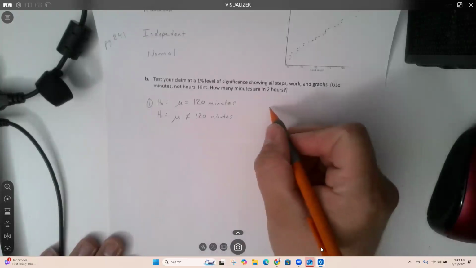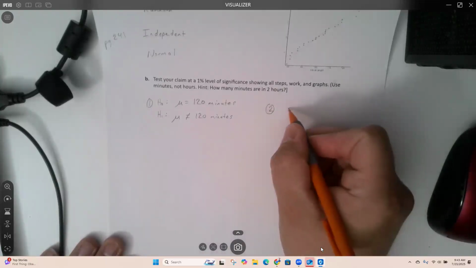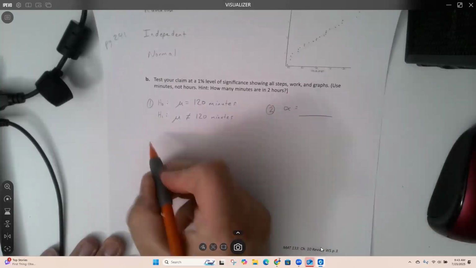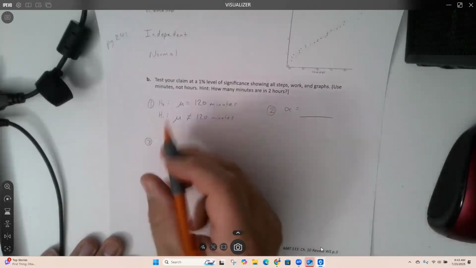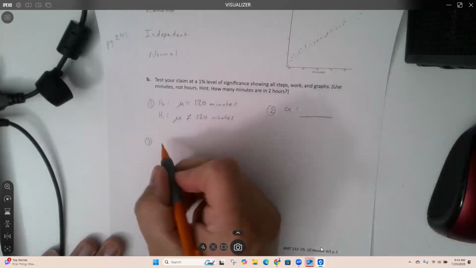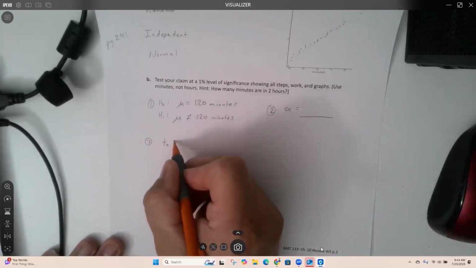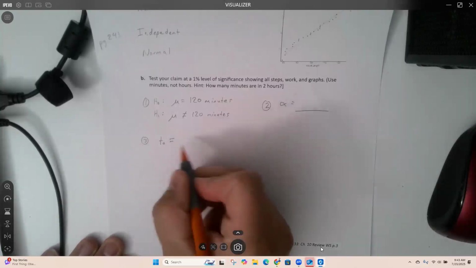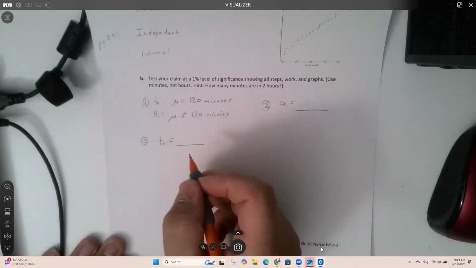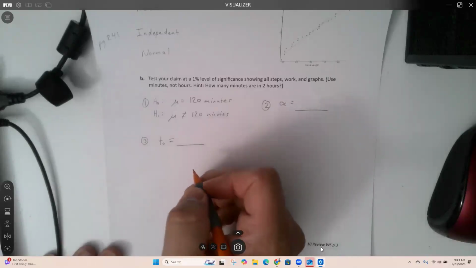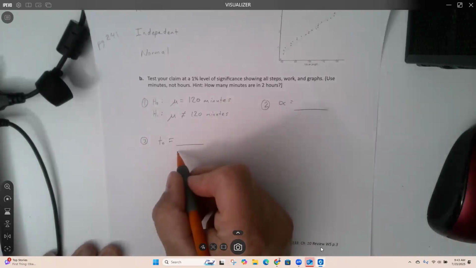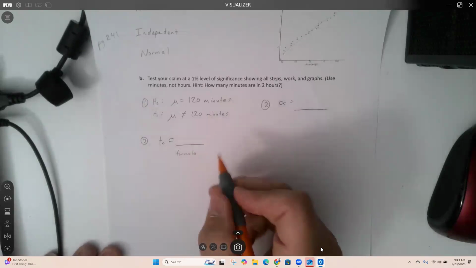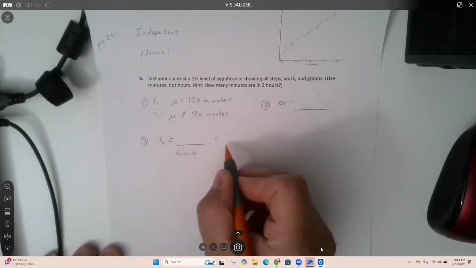All right. Number two, state our alpha. What's that going to be? Number three, we get the p-value. So that t-value is going to be some formula. And then we do substitution.